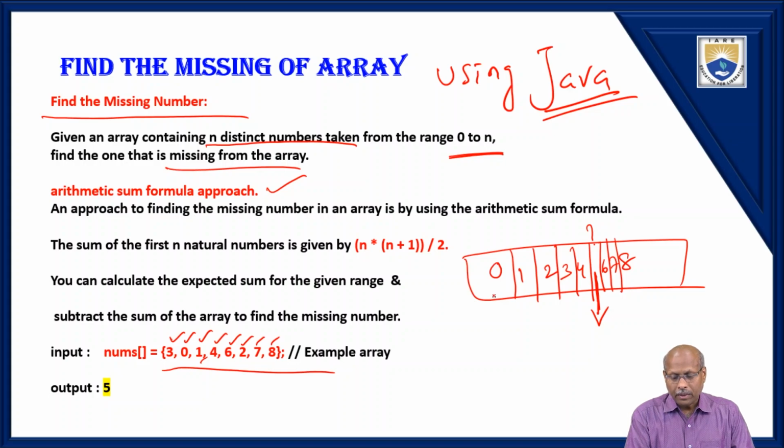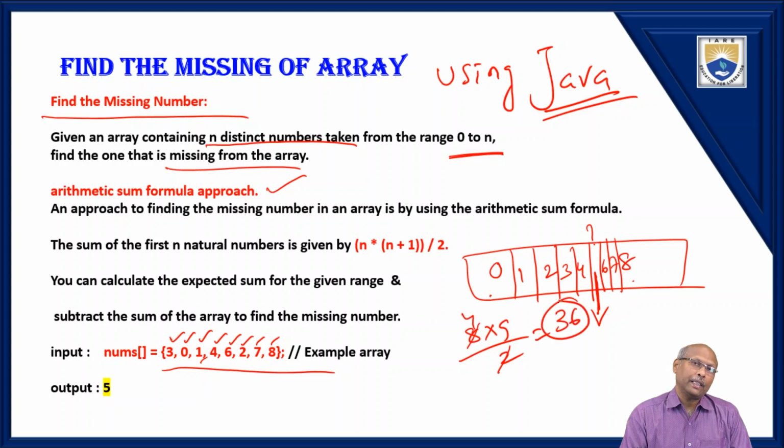You know that when the numbers go from 0 to 8, what is the sum? The sum will be 8 into 9 by 2. 8 nines are 72, divided by 2 is 36. The answer is supposed to be 36 if all the numbers are there. But here 36 is not coming. How much is coming?